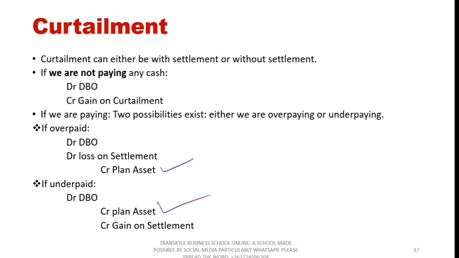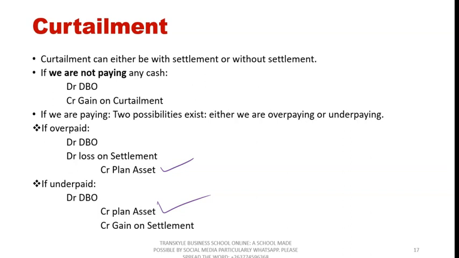Because we'll be paying from the plan assets, so we are going to reduce the plan. Remember, the plan is an asset. So to reduce an asset, you credit it.